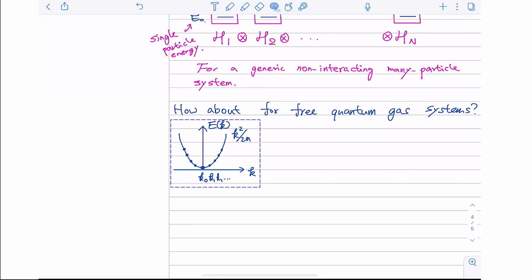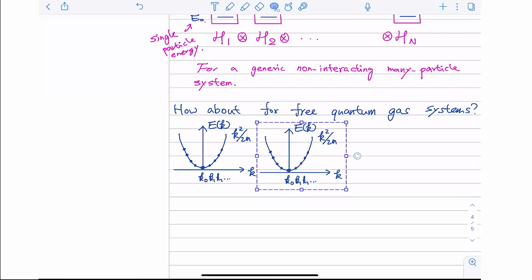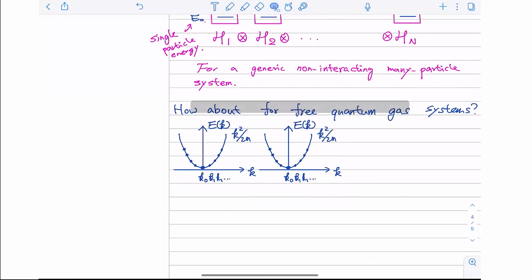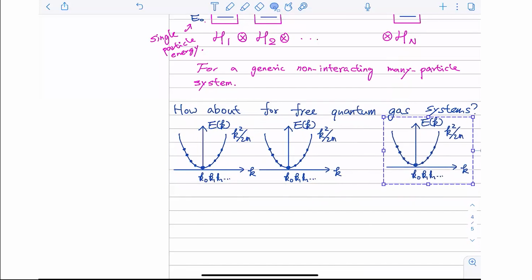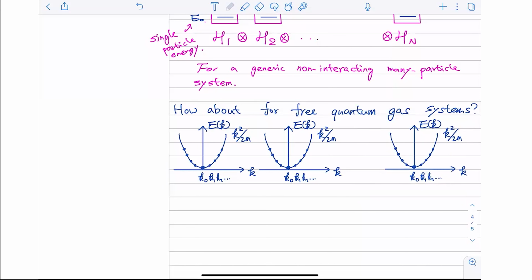So very similarly, because we have n particles, the full Hilbert space is supposed to be the tensor product of these individual eigenstates.